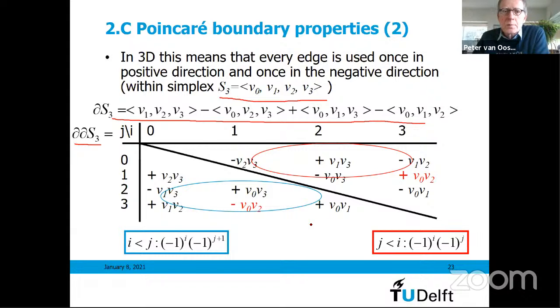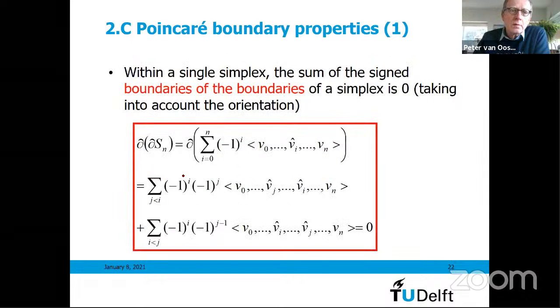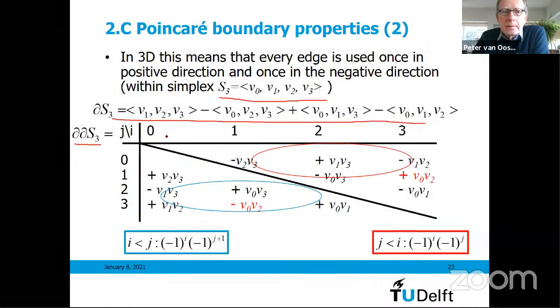And in this double summation, both over the first and the second iteration, i and j, you will see that you always find a counterpart. Here is one indicated in red, minus V2, minus V0, V2, and there's a counterpart V0, V2, and so they are in the opposite direction.